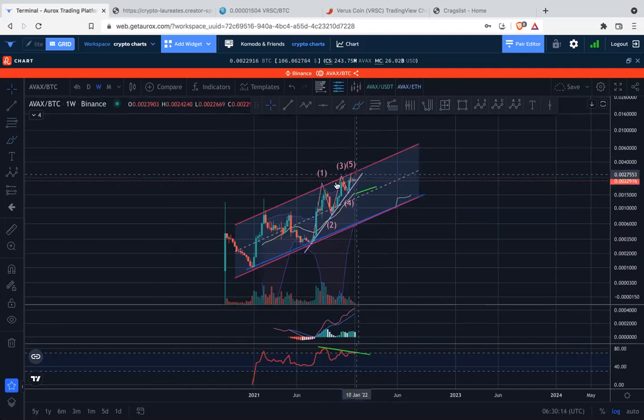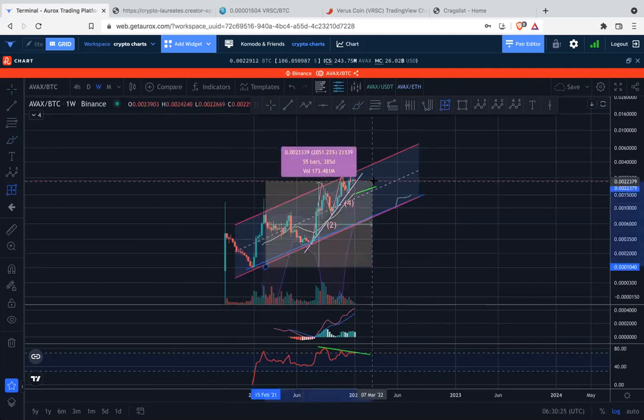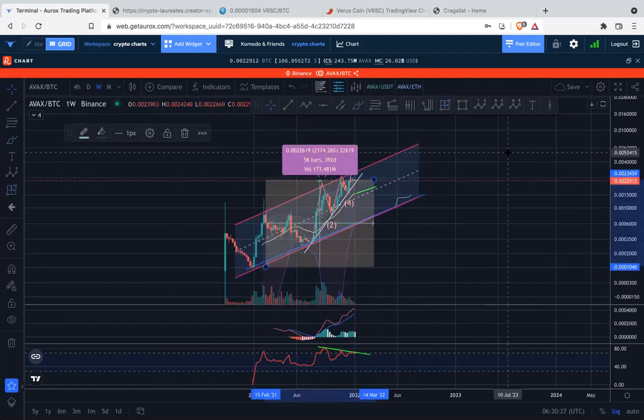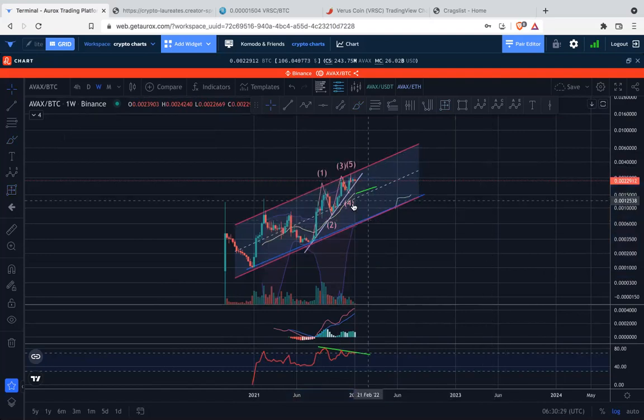Avalanche for 2021 started all the way down here and is at its tops. So that was a nice 2,000% over the year. So that's interesting.